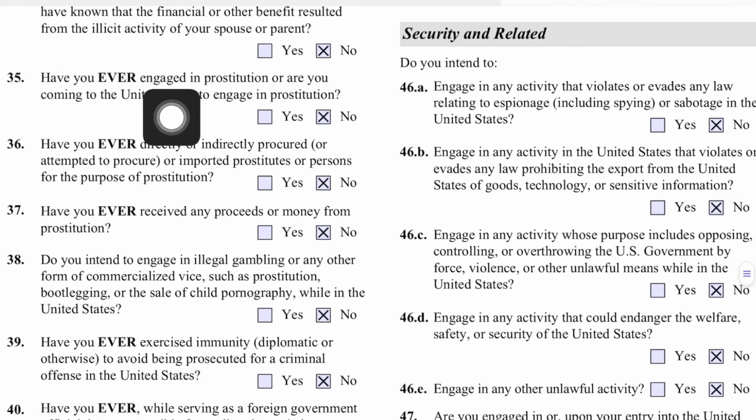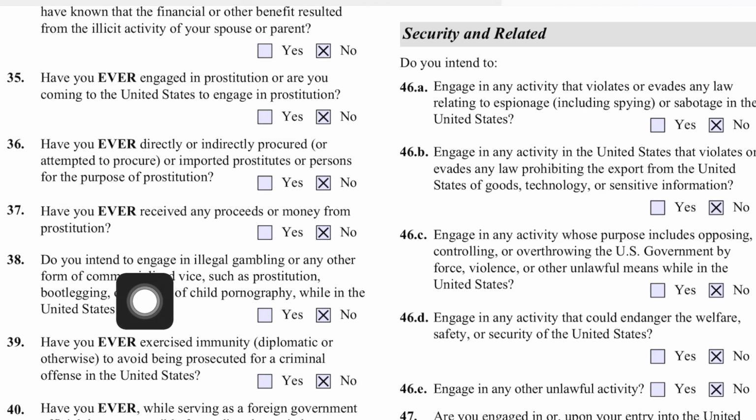35. Have you ever engaged in prostitution, or are you coming to the United States to engage in prostitution? Of course, no. Have you ever directly or indirectly procured or attempted to procure or imported prostitutes or persons for the purpose of prostitution? Of course, no. Have you ever received any proceeds or money from prostitution?